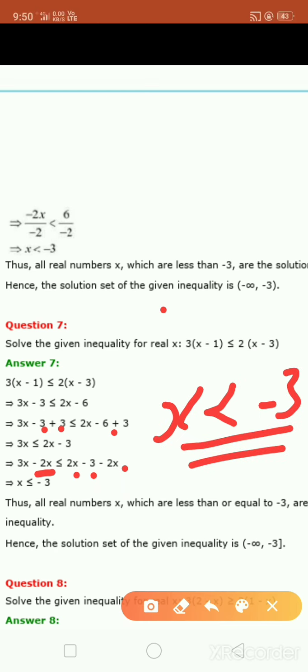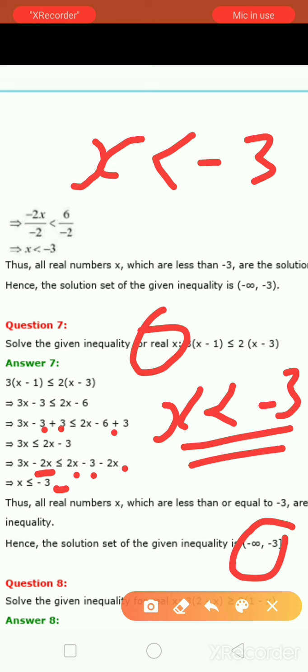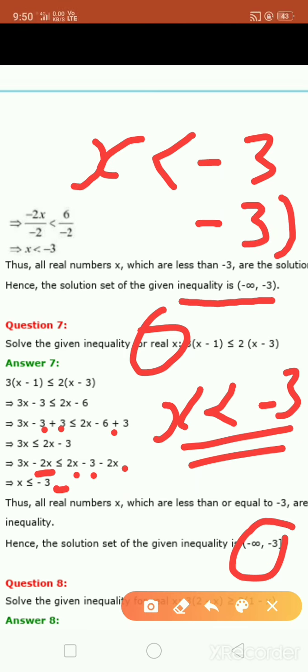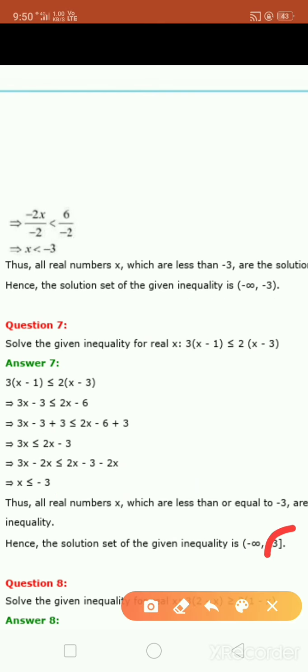What you need to find here for the real numbers is exactly minus 3. If x is less than minus 3, I will write the inequality's solution set with a small bracket, because there is no equal to symbol here. If there is an equal to symbol, you make it this symbol, and you will observe the big bracket over here.